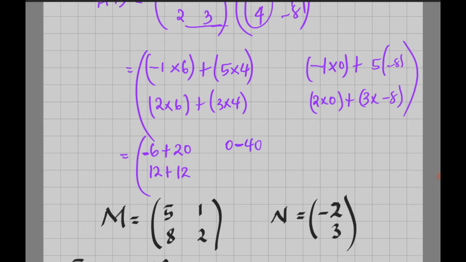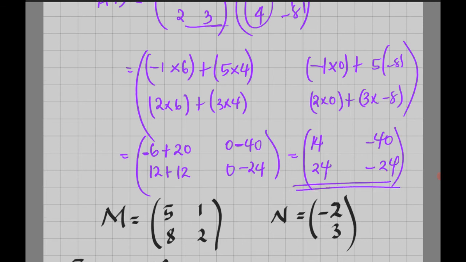And 2 by 0 is 0. Plus 3 by minus 8 is minus 24. So let's simplify this. Minus 6 plus 20 is equals to 14, and 0 minus 40 is minus 40. And 12 plus 12 is 24, and 0 minus 24 is minus 24. So this then becomes our answer.